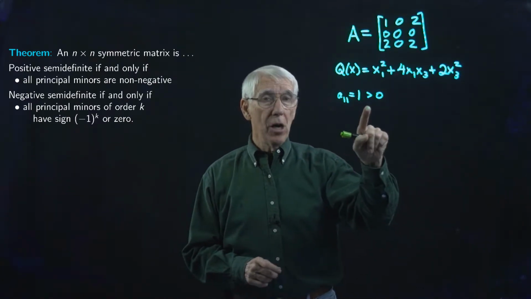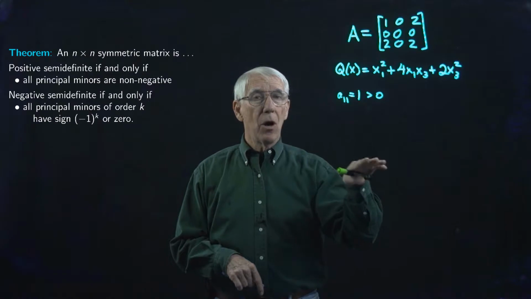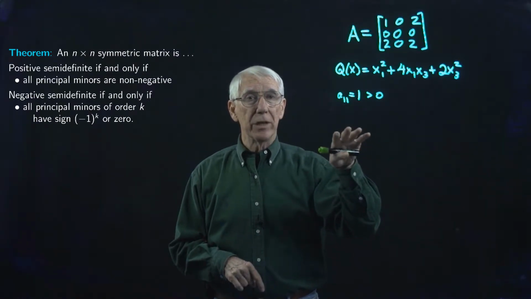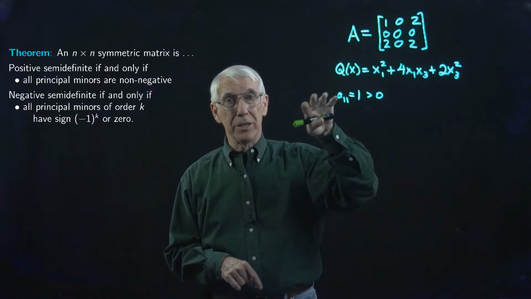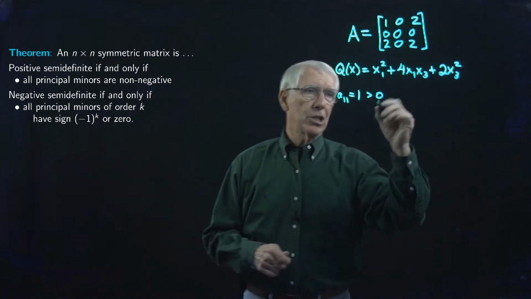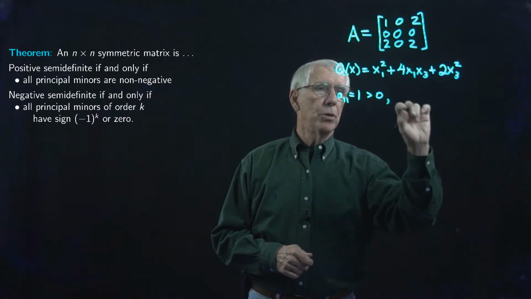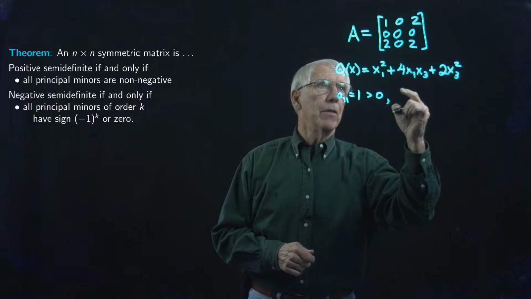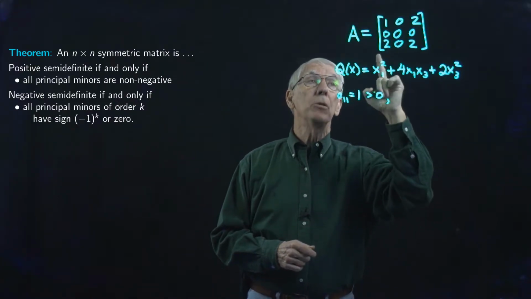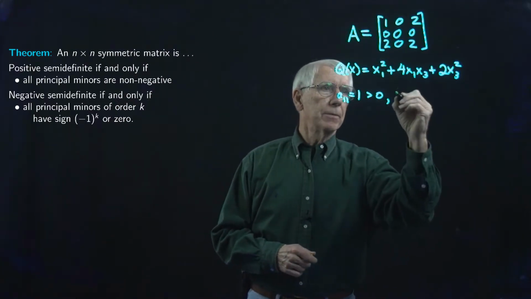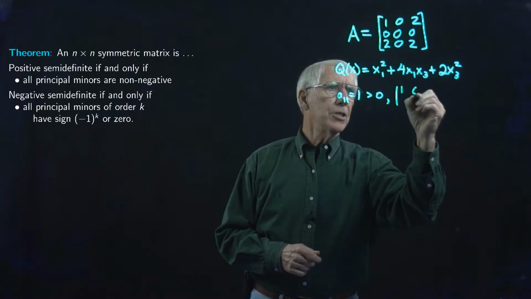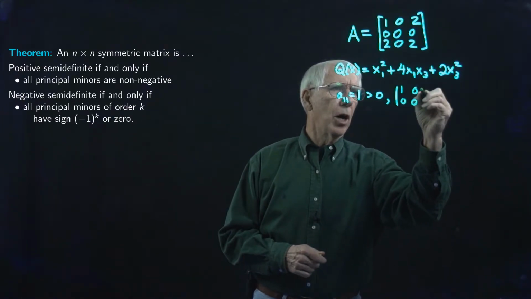So I now know that it's either indefinite or positive semi-definite, and it could be, in fact, even positive definite. So let's look at the order 2 principal minor, and what is that? The order 2 leading principal minor, that's 1, 0, 0, 0.